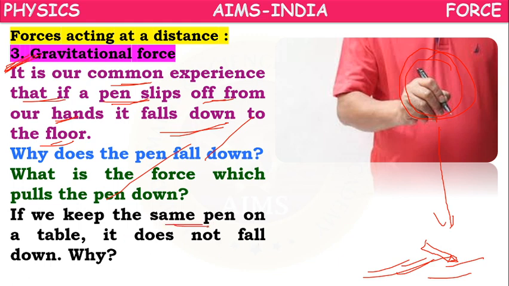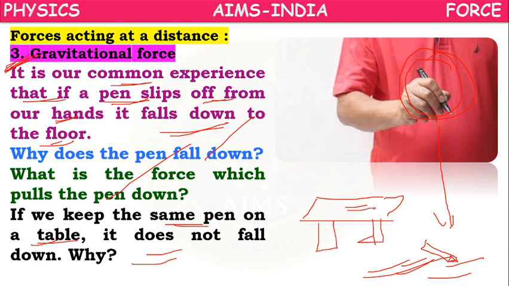If we keep the same pen on the table, it does not fall down. Why? When the pen is kept on the table, as we have already discussed, it is acted on by the gravitational force downward, but by the normal force from the table upward. Both are equal, so the pen will not fall down.